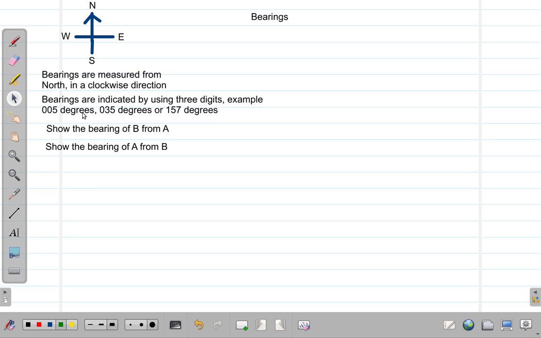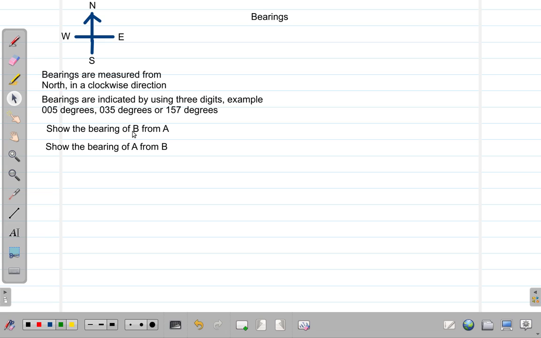If your angle is 35 degrees, as long as it is bearings, you must write 035 to show 3 digits. If it's 157 degrees, of course, you already have 3 digits there, so you write the 157 degrees. Right?